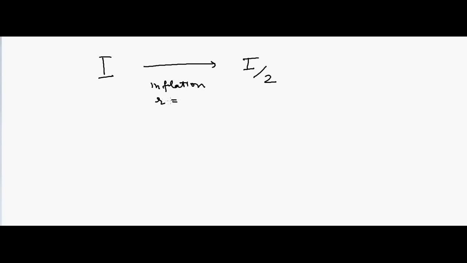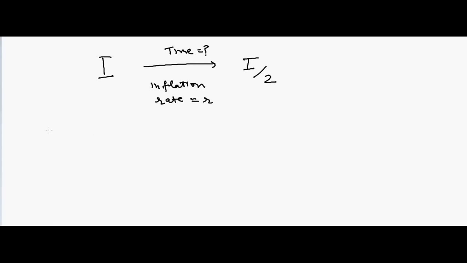So the inflation rate is equal to r, and you want to calculate how much time it will take, right? Your investment is becoming half because of the inflation, and the rate of inflation is r. So how much time should it take for your investment to become half?